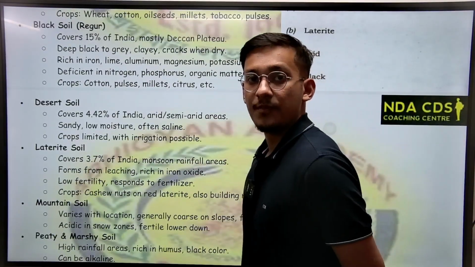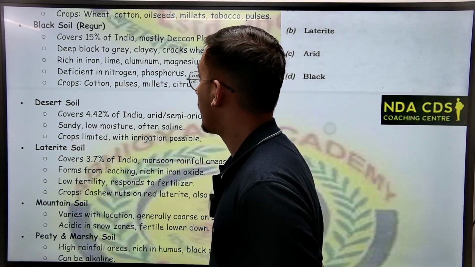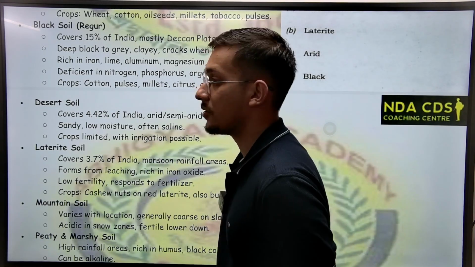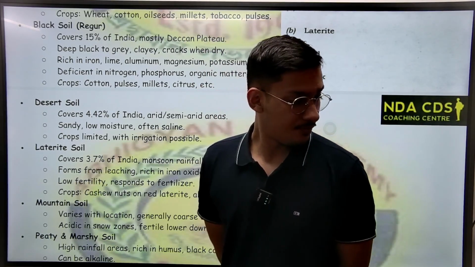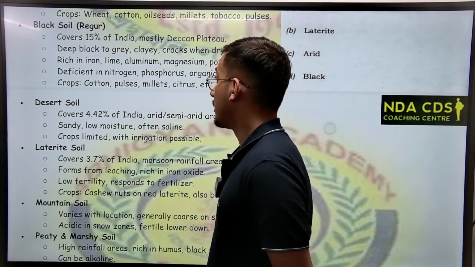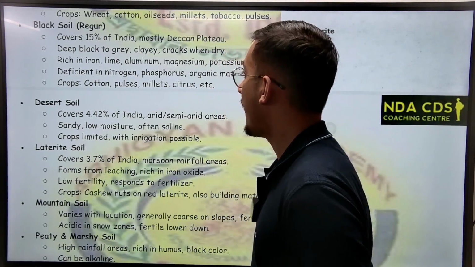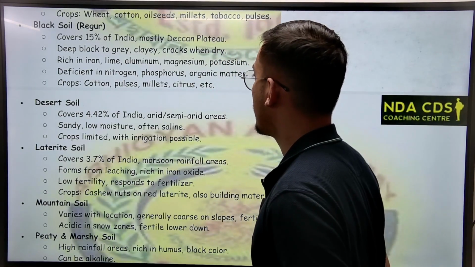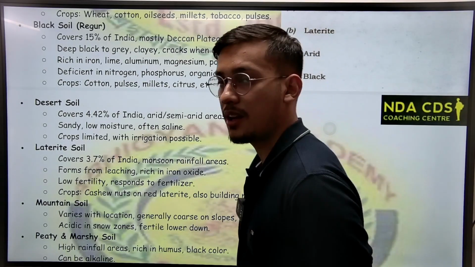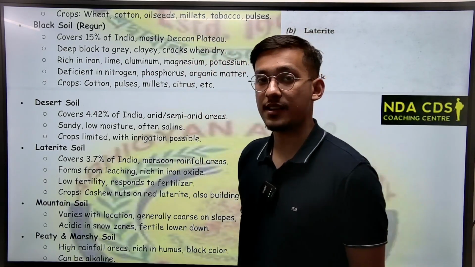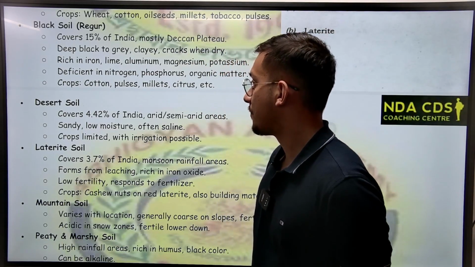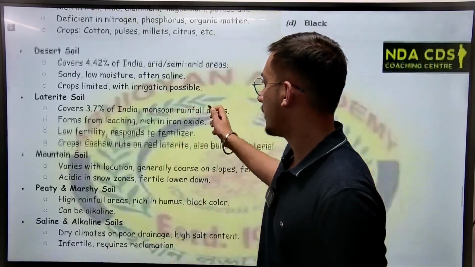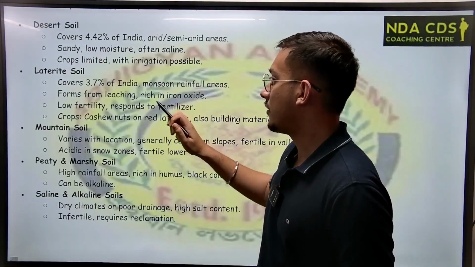We have black soil. It is also known as Regur soil, covers 15% of India, mostly the Deccan Plateau. Deep in color, rich in iron, lime, aluminium, deficient in nitrogen, phosphorus, and crops grown are cotton, pulses, millets, and citrus fruits. Desert soil, as the name suggests, is found in desert areas. Laterite soil is important.